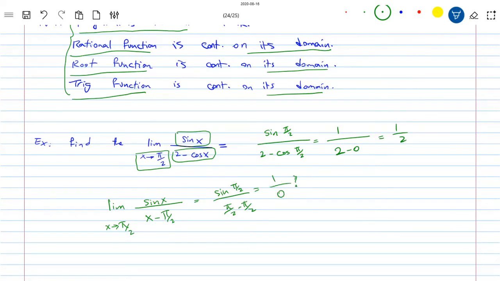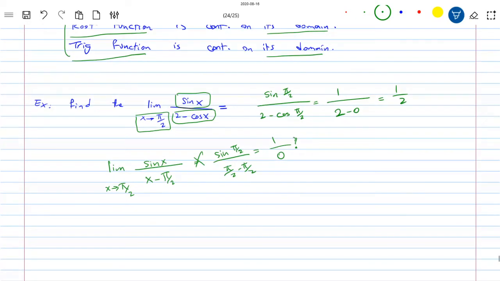This is kind of impossible to evaluate. So you cannot do this for this specific case, since it makes the denominator 0. If the denominator is non-zero, you can simply evaluate the function, just because it's a combination of continuous functions.